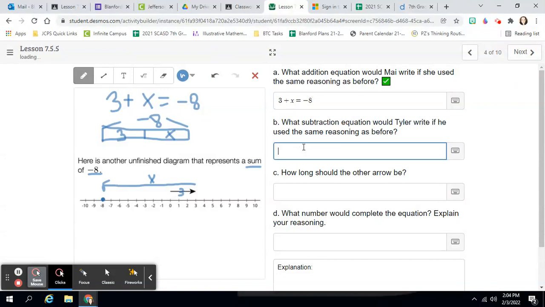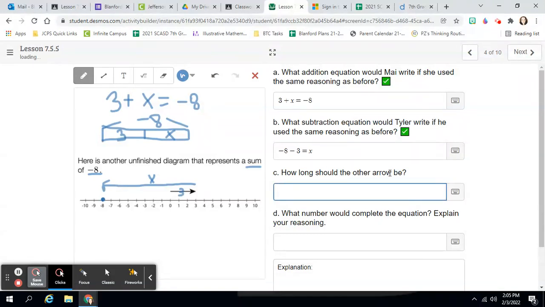And then I also know that Tyler rewrites this as subtraction. So we were given a 3 and we were given the -8. So what that means is he would write that -8, if you take away the 3, you're left with the x. And that again shows up as correct.